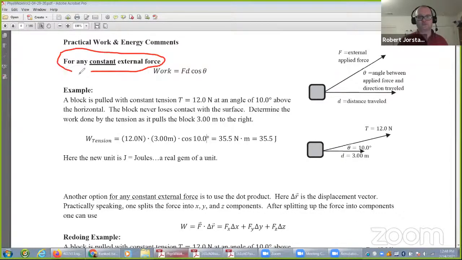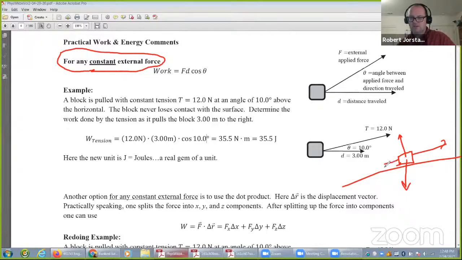So many of our forces in our FBDs are constant, right? For example, if you're on an inclined plane and you're a block going up the inclined plane, the normal force isn't changing. mg isn't changing. Maybe there's a frictional force. That's not changing. There might be a tension on a string at an angle. That's not changing usually. So this constant force trick will help us out a lot.